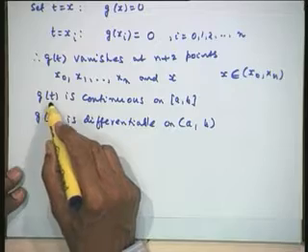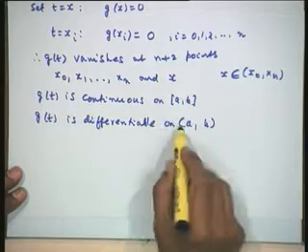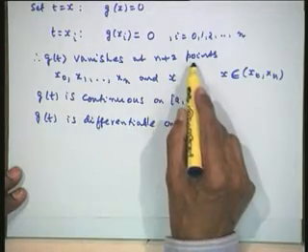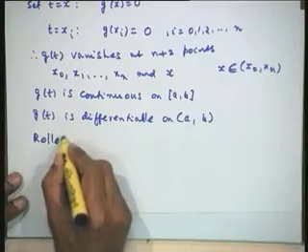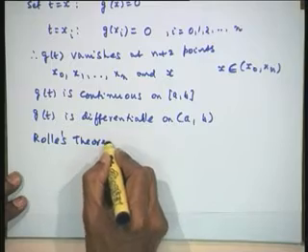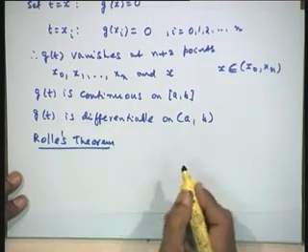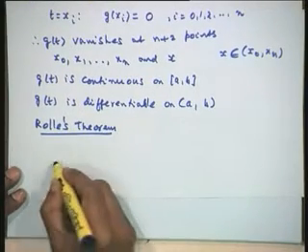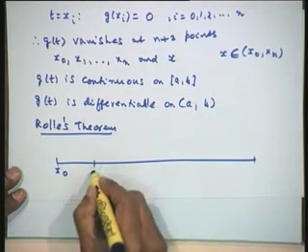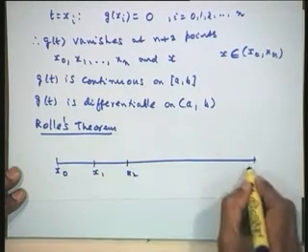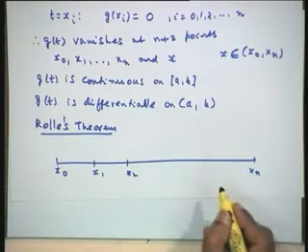Now, I have a function g(t) which is continuous on [a, b], differentiable on (a, b) and vanishes at n plus 2 points. Now, I would like to apply a theorem which you have studied in your first semester, that is Rolle's theorem. What is Rolle's theorem? I want to use this Rolle's theorem. Now these are our abscissas.